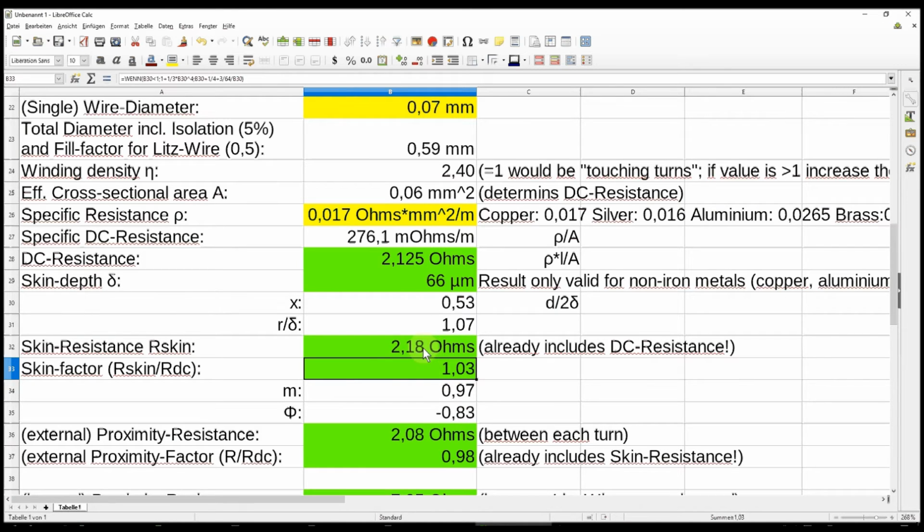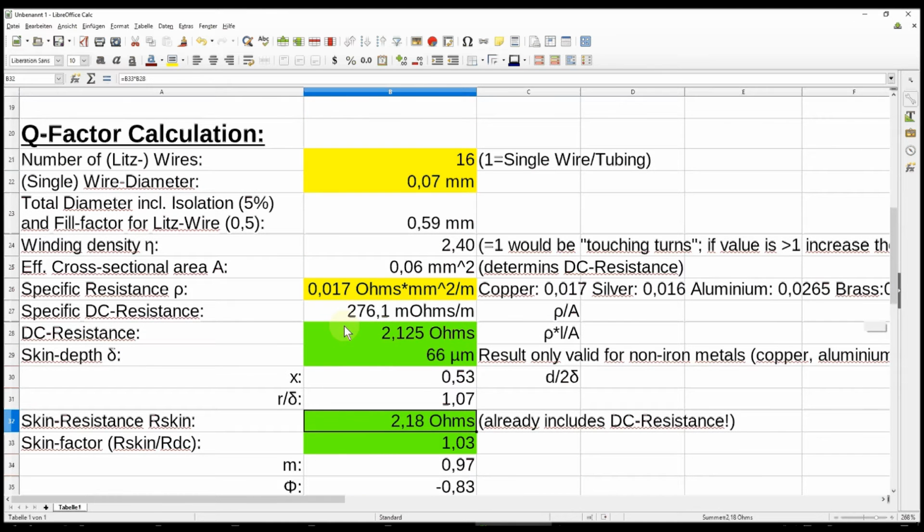That means the skin resistance is nearly the same as the DC resistance, so we have neutralized the detrimental effect of the SkinEffect just by using a simple litz-wire with 16 strands, each 0.07 millimeters. And so we could be content with that, if that is all, but you perhaps have already spotted it.